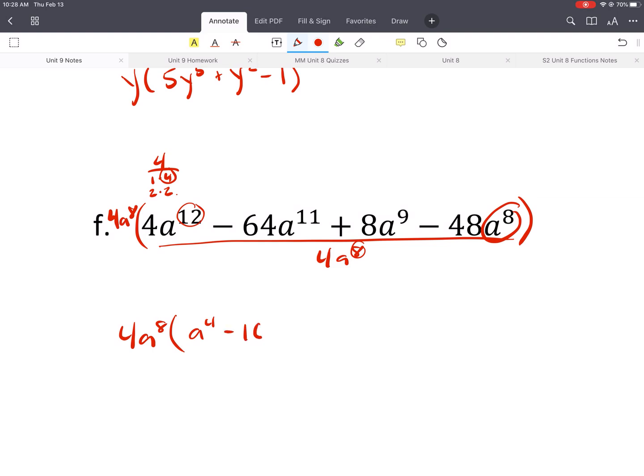So negative 16a to the 11 minus 8 gives you 3. And then 8 divided by 4 is 2. And 9 minus 8 is 1, so x to the 1, or just x. And then negative 48 divided by 4 gives you a negative 20, or sorry, 12.